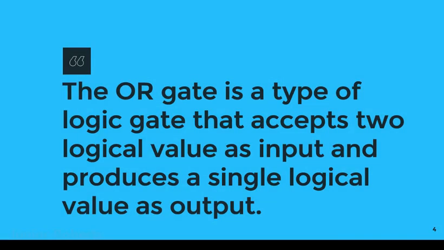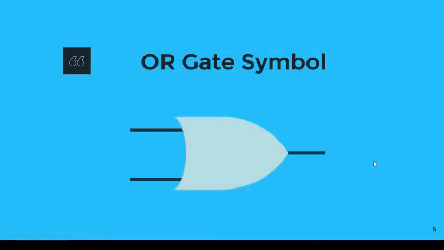So the OR gate is a type of logic gate that accepts two logical values as input and produces a single logical value as output. And we can take a look at the symbol for the OR gate. So as it is, we have a curve at its input, and we also have a curve at its output.